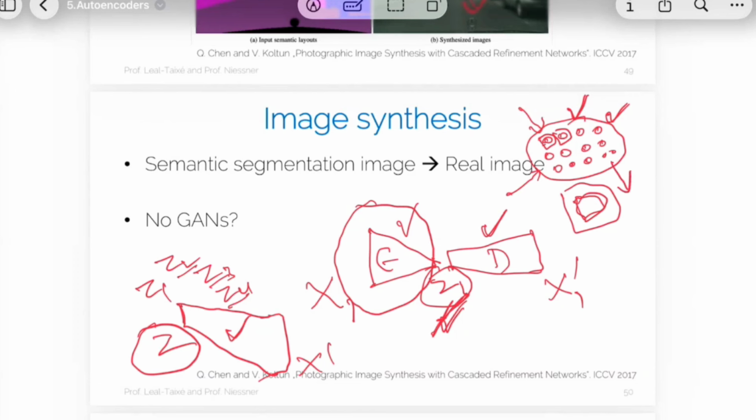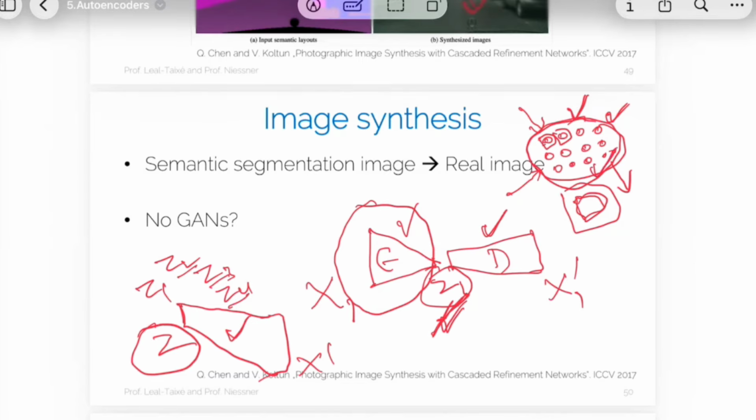Due to that, it's not easy to guess the distribution of this data set, because you don't have all the images of this distribution. It's only a few samples of that distribution, and you want to learn the distribution. So it's not easy.